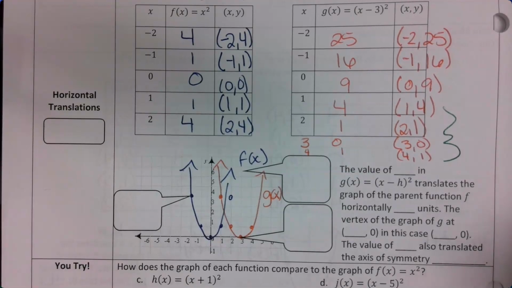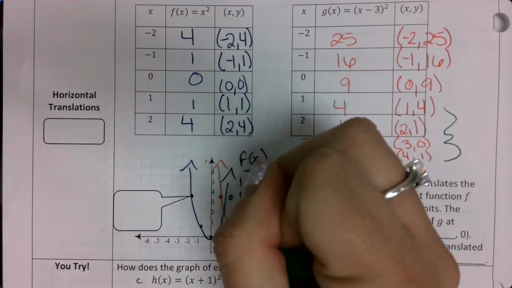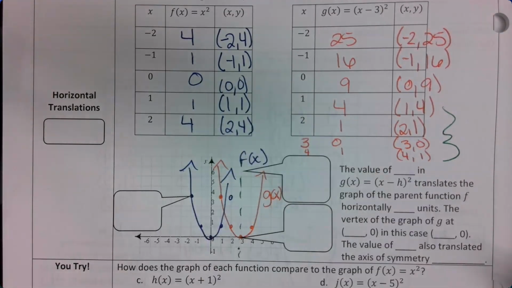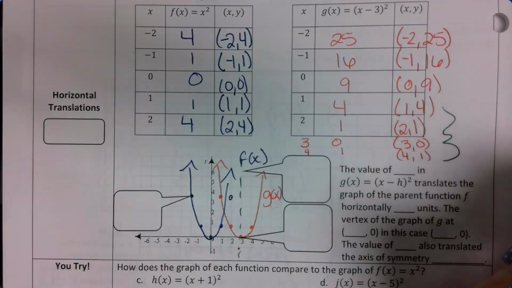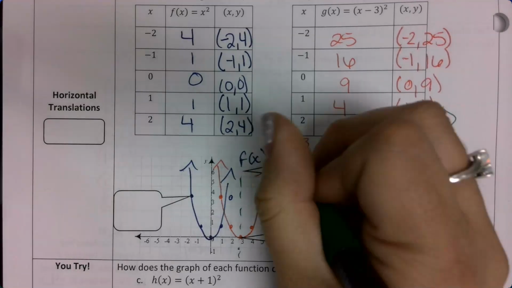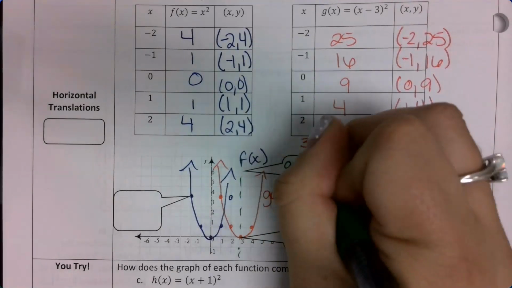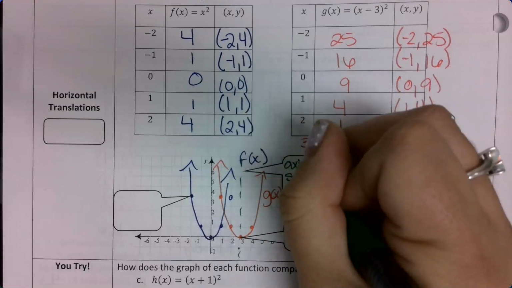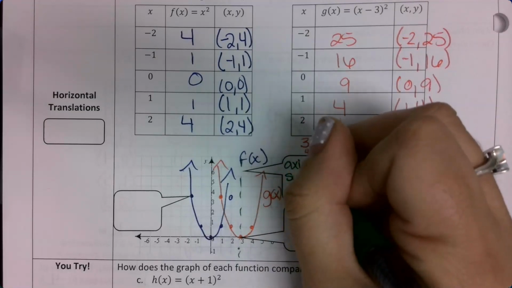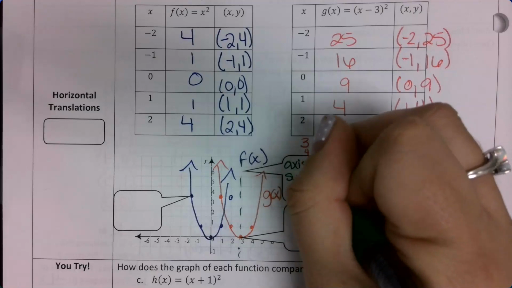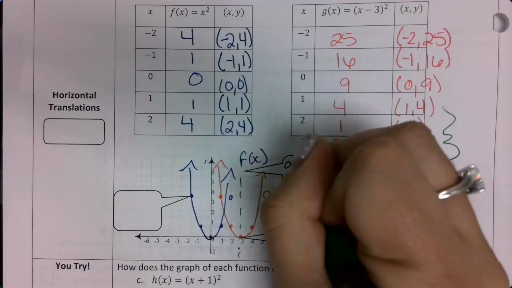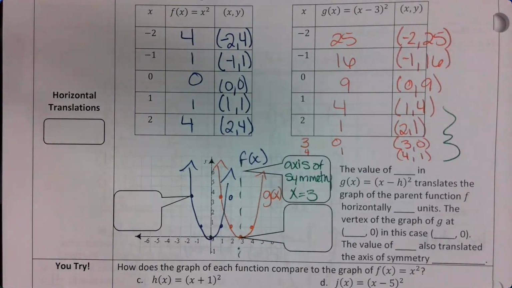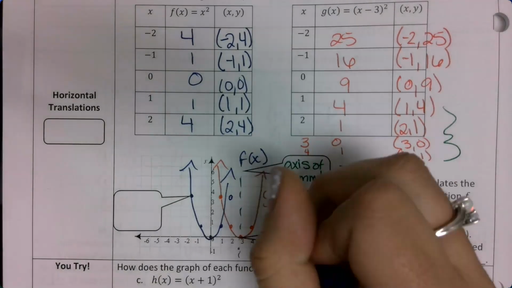Okay, so let's start off with my axis of symmetry. What is my axis of symmetry on the red graph? So my axis of symmetry is an equation of a line. So it's actually going to be x equals 3. Okay. What is my vertex?